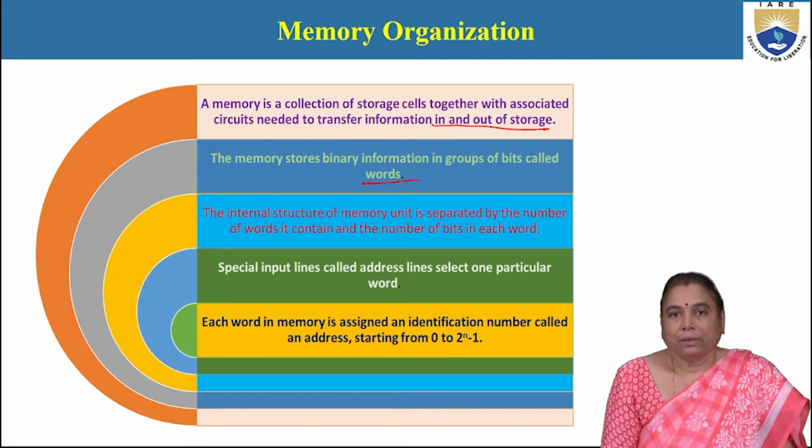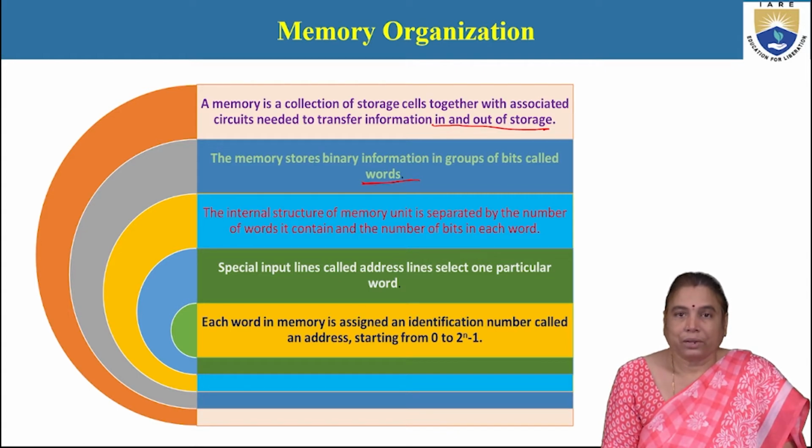Binary information can be stored in the memory, and the bit is the major storage element of the memory. A bit is a binary digit, either 0 or 1. The collection of these bits is treated as a word.